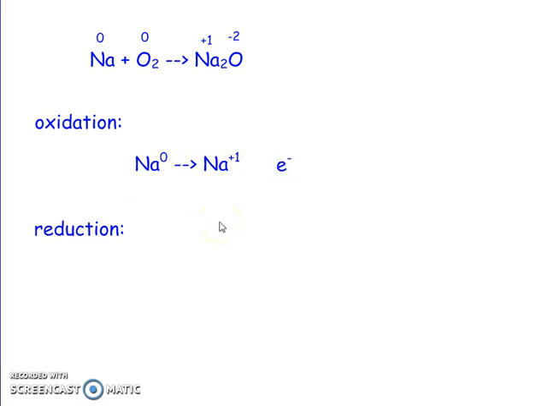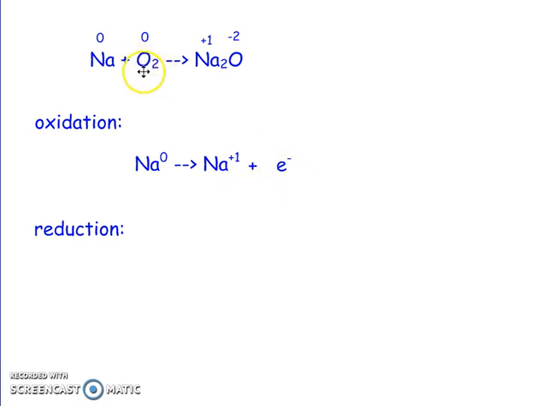Here, the sodium is losing the electron, which means that electron is no longer part of the sodium. So that electron is going to go on the product side. Just like when we lost heat, we were producing heat, it was going on the product side. So we have Na0 forms Na plus 1 plus an electron. So this is showing the sodium atom is becoming a sodium plus 1 ion, and it's lost that electron.